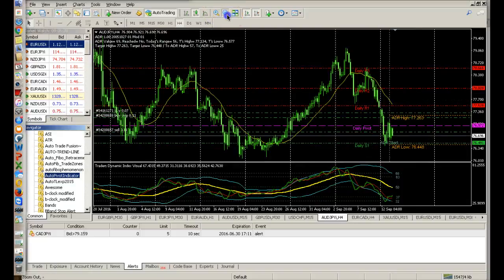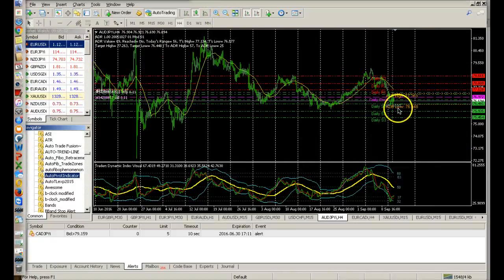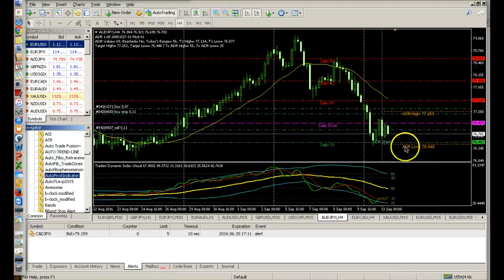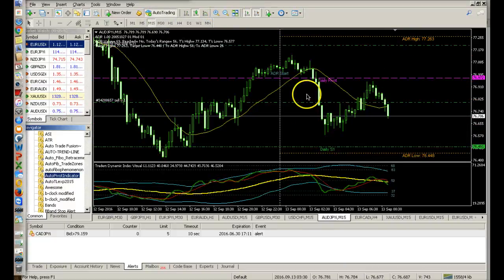Yeah, that's a good buying opportunity right here. That's a daily low. I mean, we'll just see. Let it go all the way down here, and then you buy off your reversal candles.